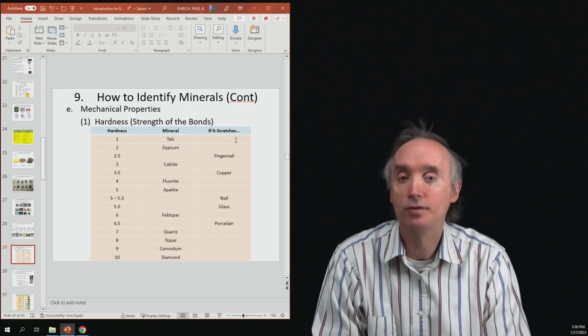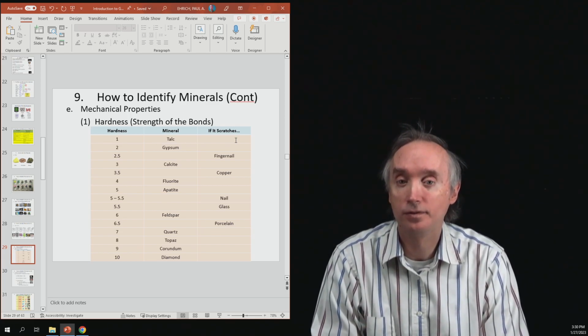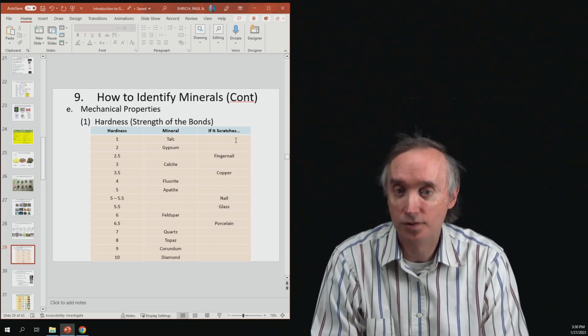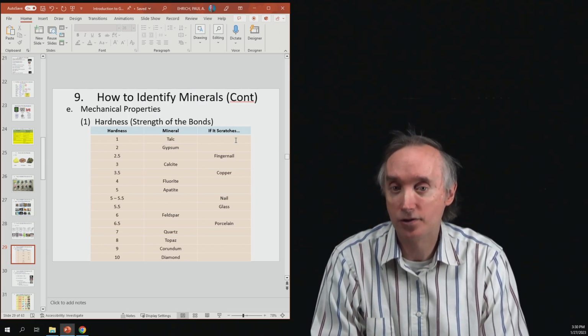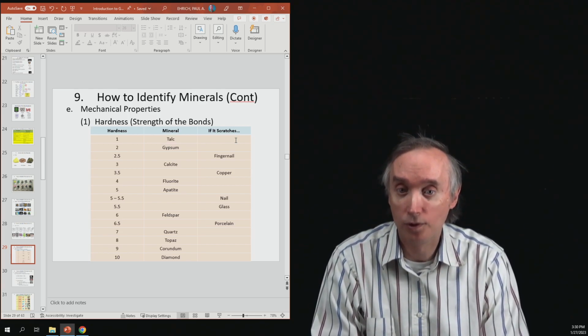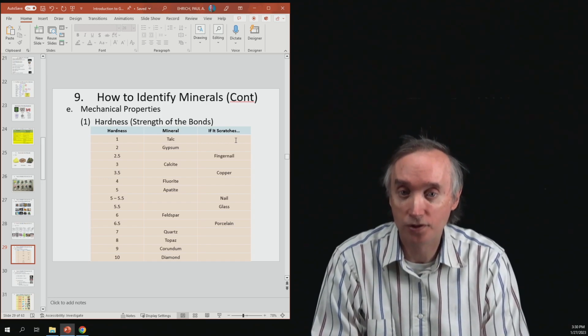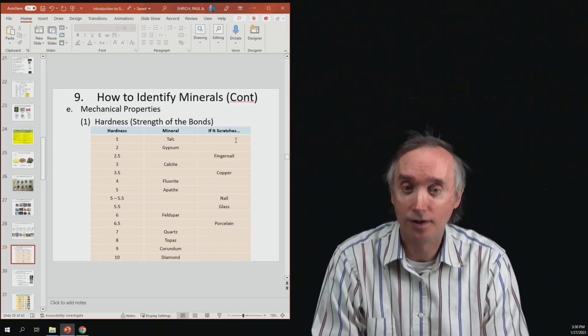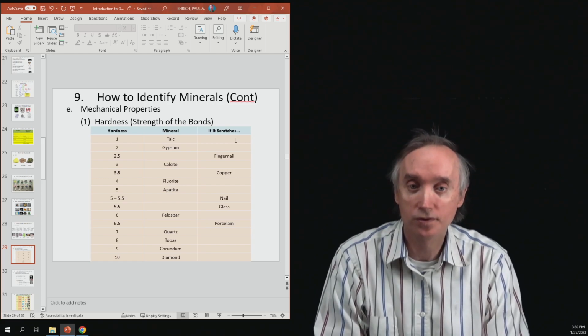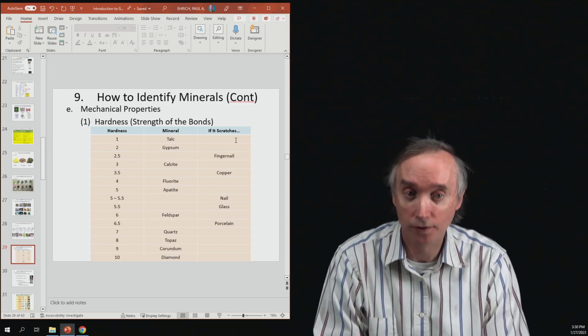And remember that let's say diamond is a 10, so that means it could scratch corundum, which is a 9. And corundum, in turn, could scratch quartz, for example, which is a 7. On the other hand, if you were to take quartz and try to scratch corundum with it, it wouldn't work.